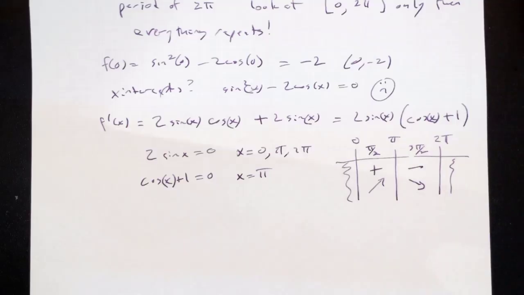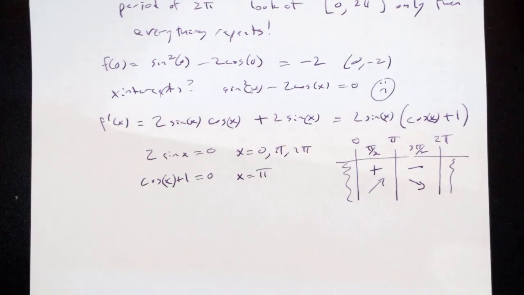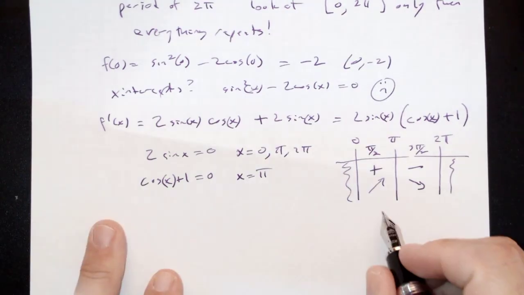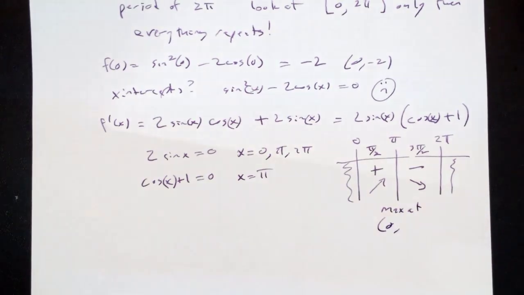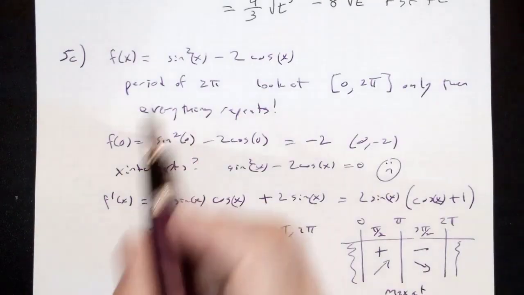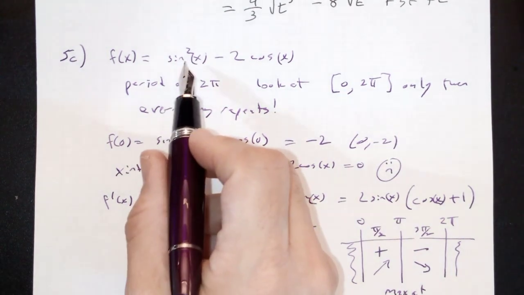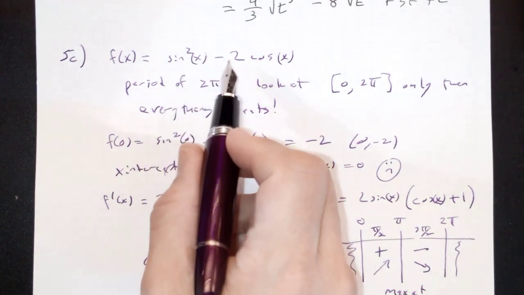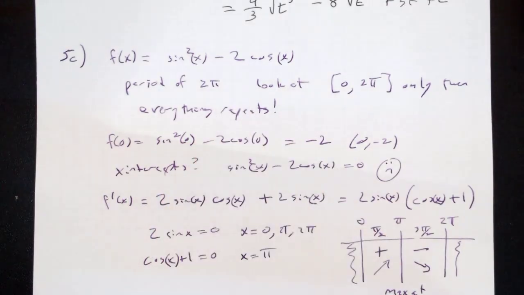If I plug in pi to the original equation, you can tell me what the y value is. So I go back up here and I put in, I'm sorry, at pi. Sine of pi, we said was 0, minus 2 times cosine of pi, that's negative 2 times negative 1, that's positive 2.